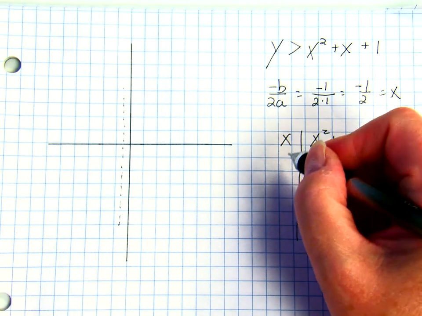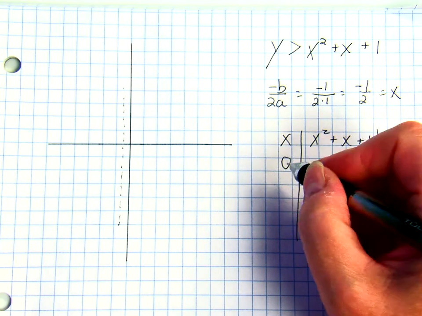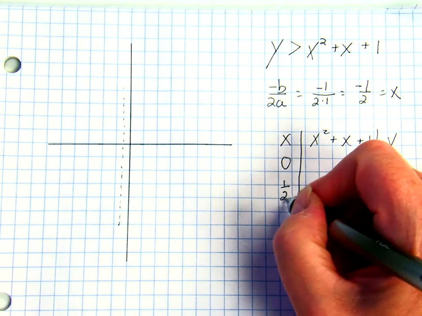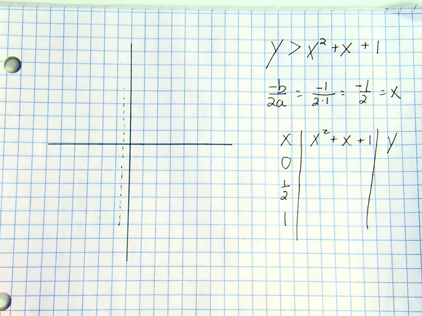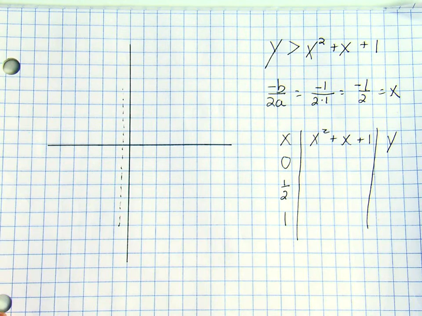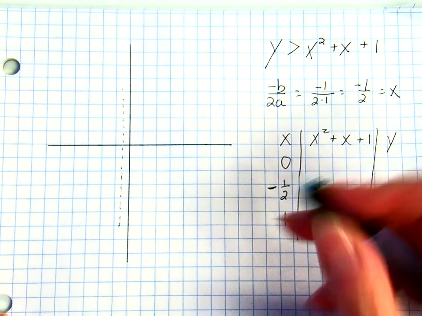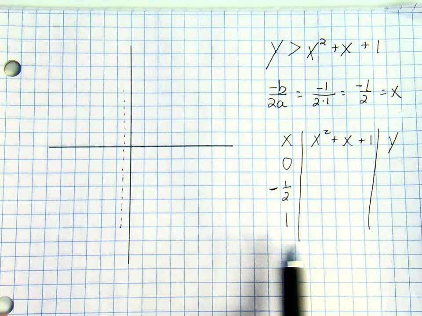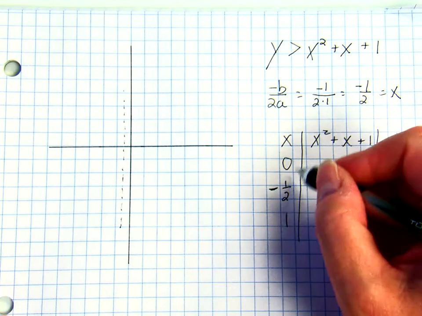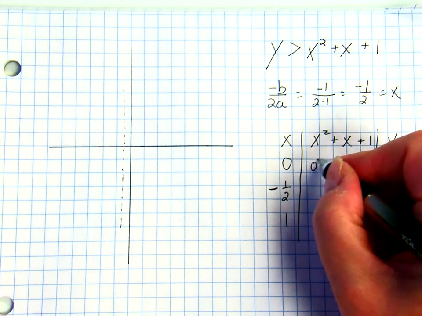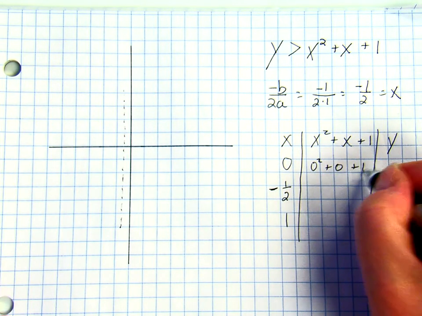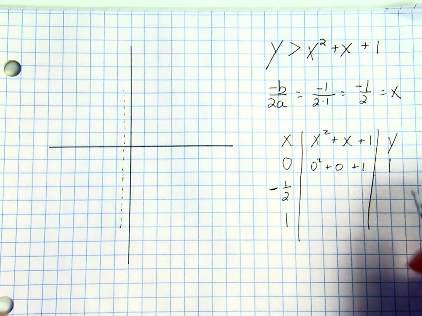I'm going to use 0, I'm going to use the negative 1/2, and I'm going to use 1. I'm not going to use a negative 1, I'm just going to use the 1. So 0 squared plus 0 plus 1, and my y is 1.